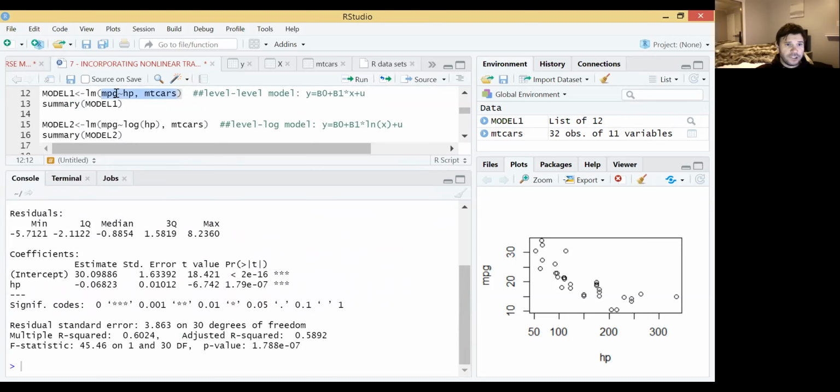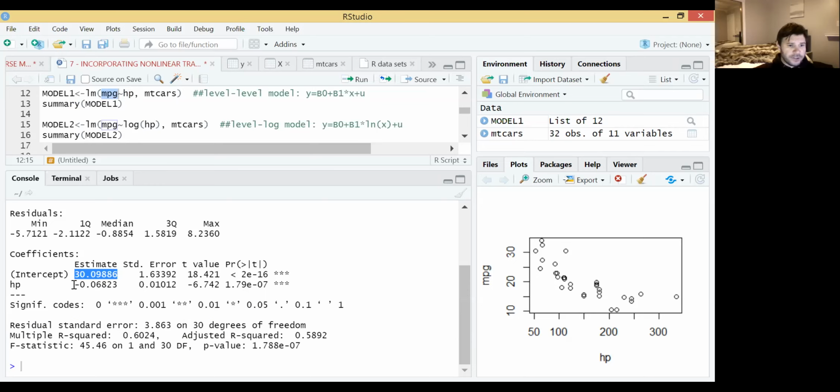We have MPG on the left side of the tilde, the equal sign, and we have horsepower on the right, meaning horsepower is our x variable, MPG is our y variable. So we see here if horsepower is 0, and again, that doesn't really make a ton of sense in this setting, but this is how we interpret that intercept, right? The intercept term tells us the predicted value of y when x equals 0.